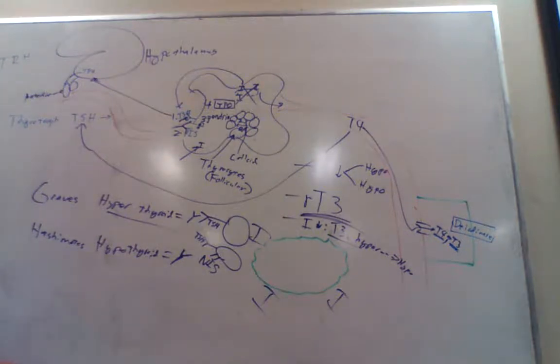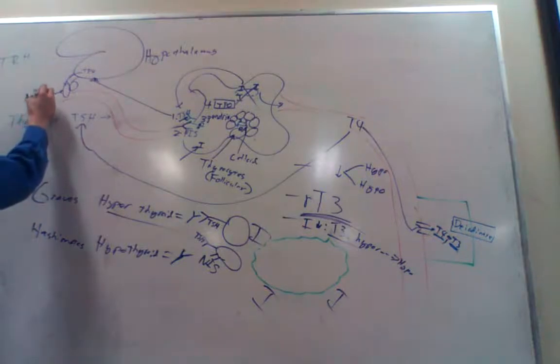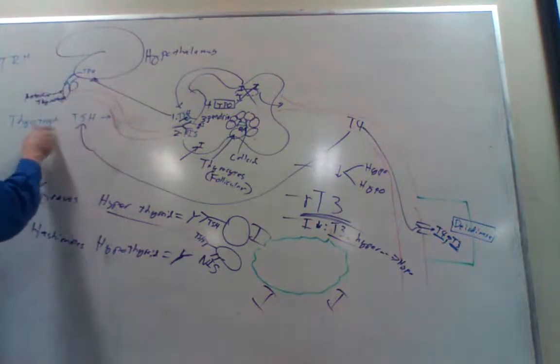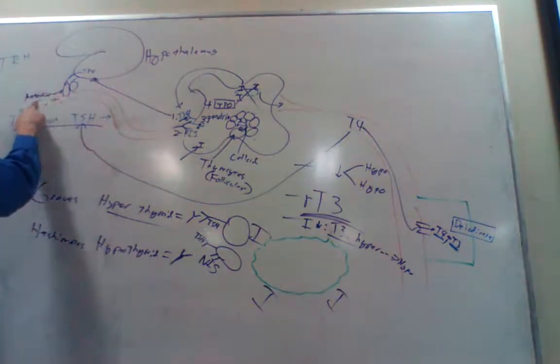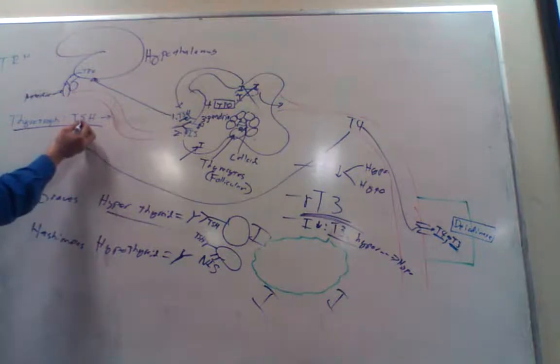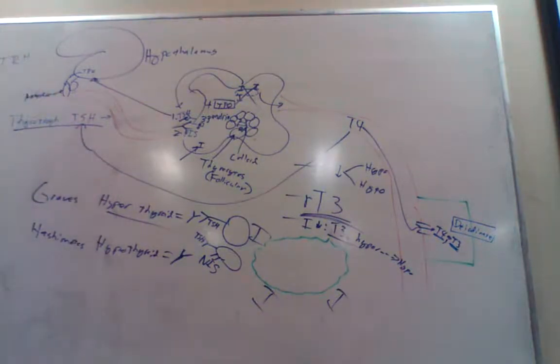And there's thyrotropes. Oh, look, I wrote right there. Yeah, thyrotrope. So the anterior pituitary has a thyrotrope in it, which makes and holds on to TSH until TRH tells it to dump it out and make some more.